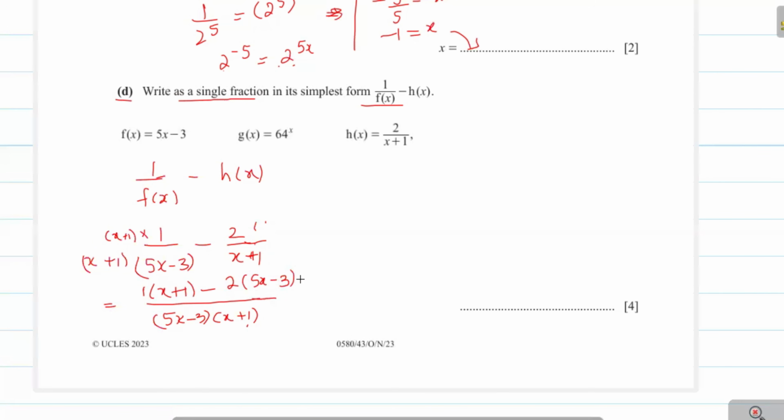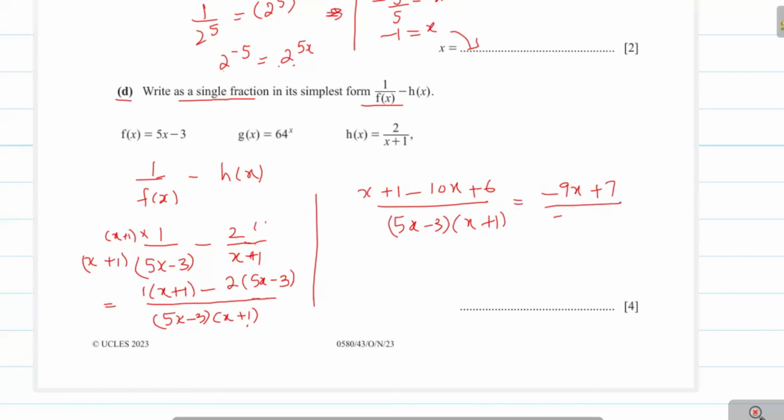Now we can write this as x plus 1 minus 10x plus 6. And this can be written as 5x minus 3 into x plus 1. And we can write this as minus 9x plus 7 over 5x minus 3 into x plus 1.